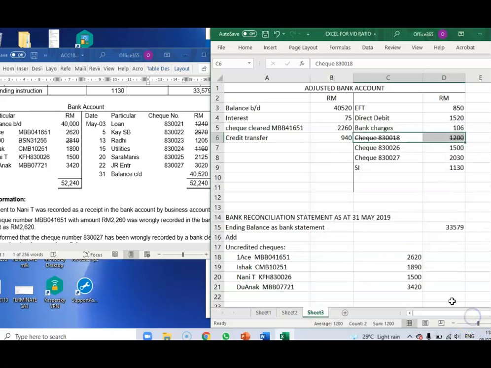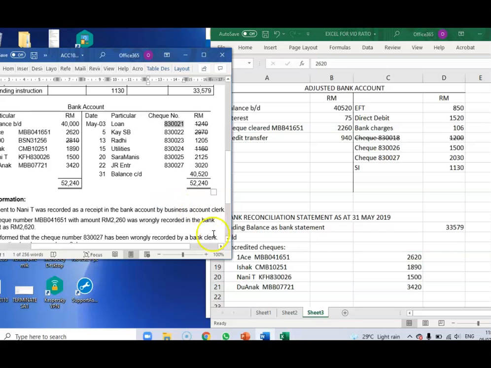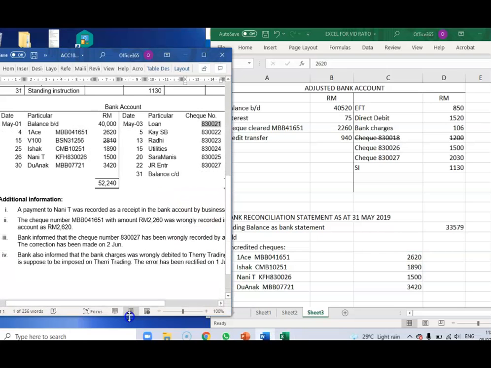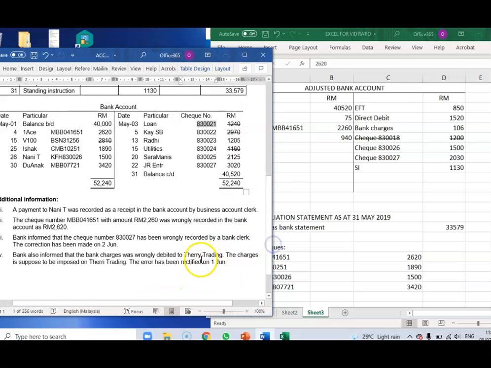Okay, so it's gone. You will not take that into account because it is for the prior month. The other data belongs to this month. Next, you need to identify any error or find out what the additional information is all about.